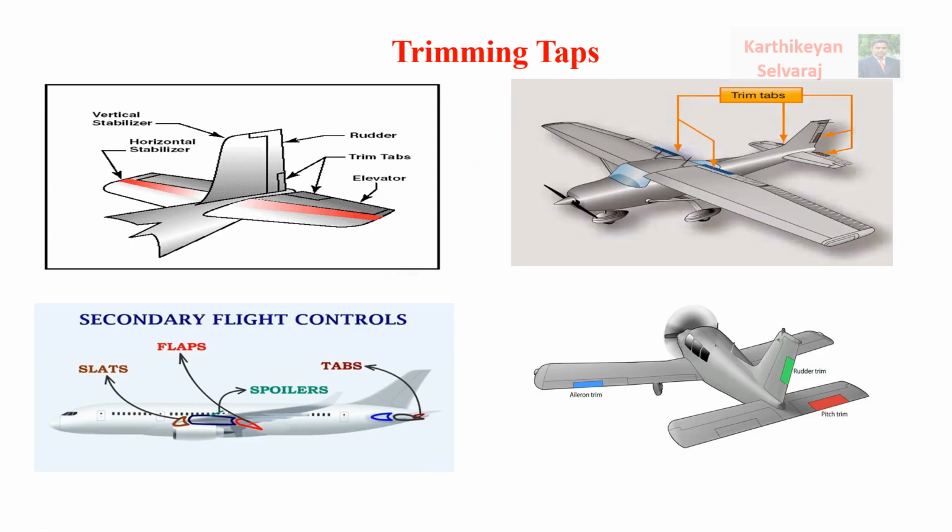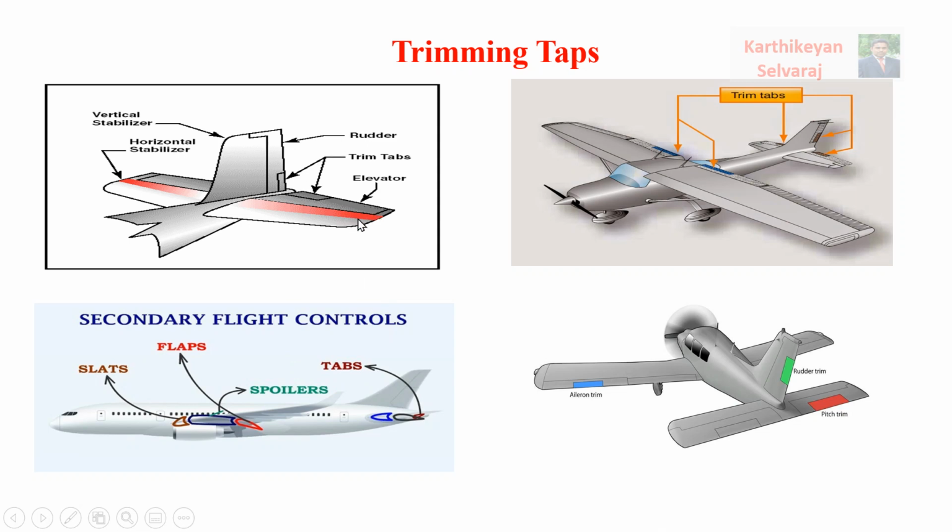And I told you there are two types of surfaces, primary control surfaces and secondary control surfaces. Primary control surfaces are aileron, elevator and rudder, and secondary control surfaces are slats, flaps, tabs and spoilers. You can see this is the location of the trimming tabs.